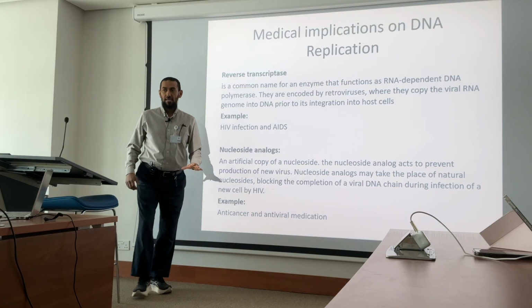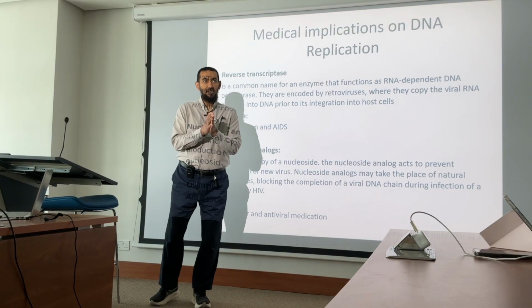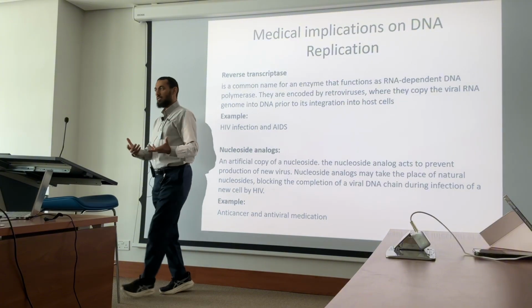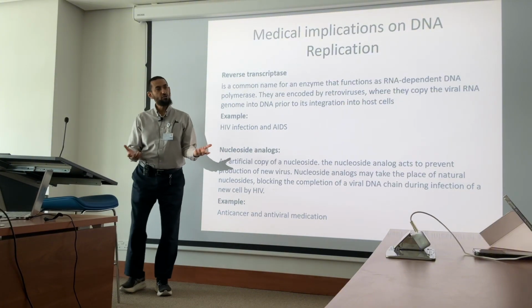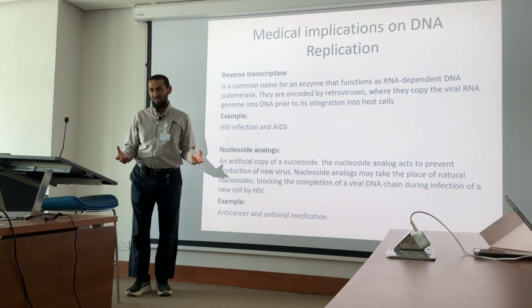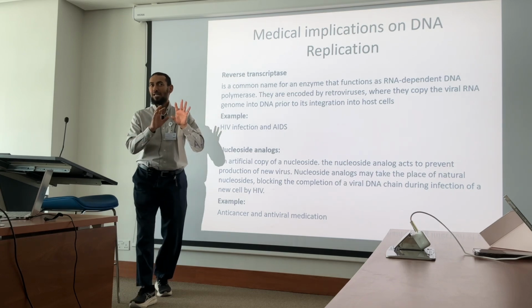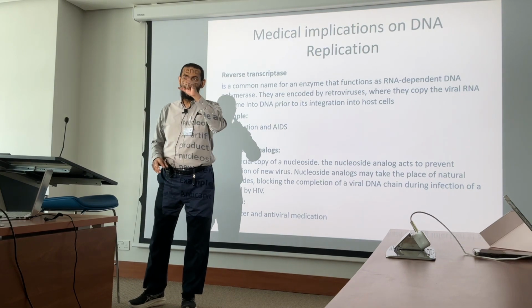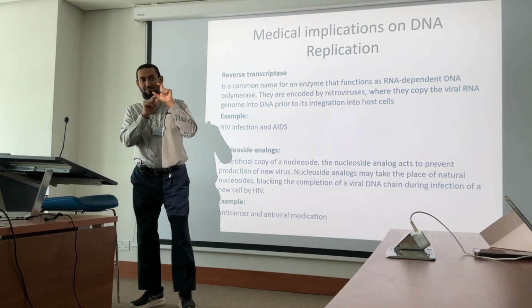Nucleoside analogs. You remember we said if there is a depleted nucleotide, the process of replication will stop. Right? Assume that it is not depleted, but this nucleotide is cheated.